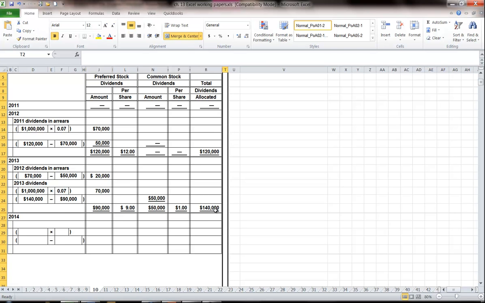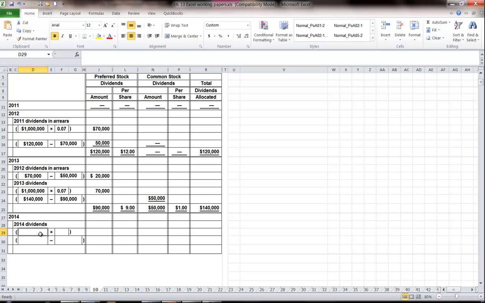So then we're ready to pay 2014. So we ask, do I have any dividends in arrears that I owe to my preferred stockholders? And I do not. The 2012 were taken care of, and then we were able to pay the full $70,000 owed for 2013. So in 2014, I only have to worry about 2014 dividends.